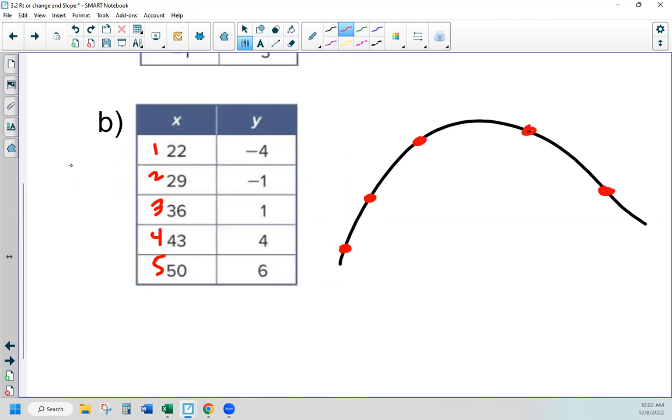It doesn't make sense for us to find the rate of change from here to here. Remember that rate of change is found by a straight line. So it wouldn't make sense for us to find a rate of change from this point to this one, because that's not really what's happening. That's not the story of this curve. The story of this curve is it's going upwards like that.